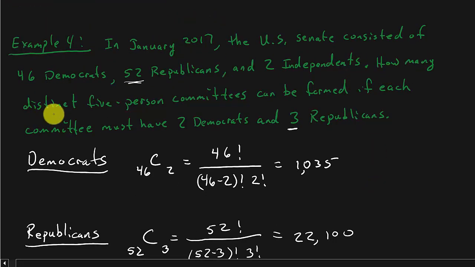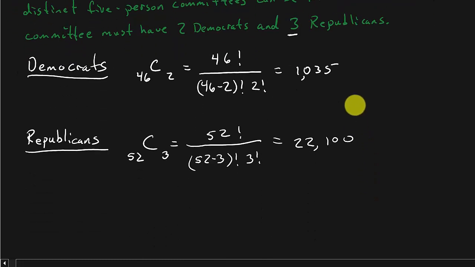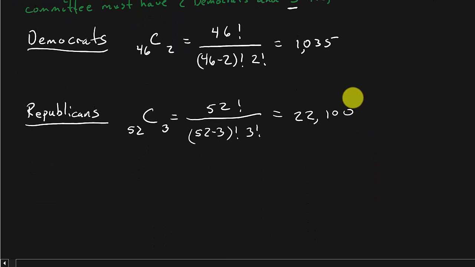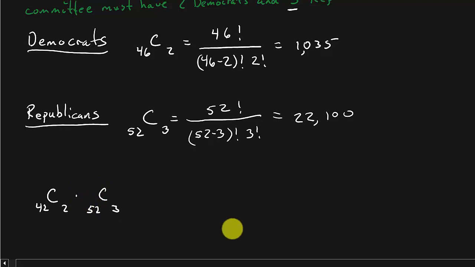All right. So what they were asking us to do is they want to know how many distinct 5-person committees can be formed if each committee must have 2 Democrats and 3 Republicans. So the total number of committees that could be formed would be the number of ways that we can choose the Democrats times the number of ways that we could choose the Republicans.